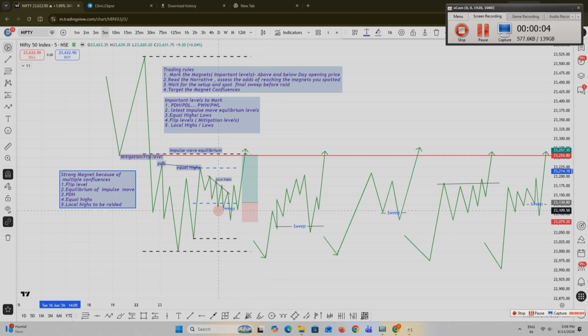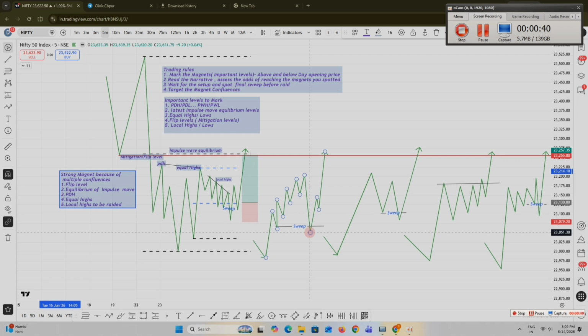See, all the time the structure may not be like this. When you have established a magnet, a target, or an important level, and you are expecting the price to move towards that magnet, you need to study the modes of price delivery. Sometimes liquidity is created like this in the form of failure swings, and the price finally gives one sweep and rallies towards the target. Sometimes it slowly crawls upwards and collects all the liquidity with one final sweep.